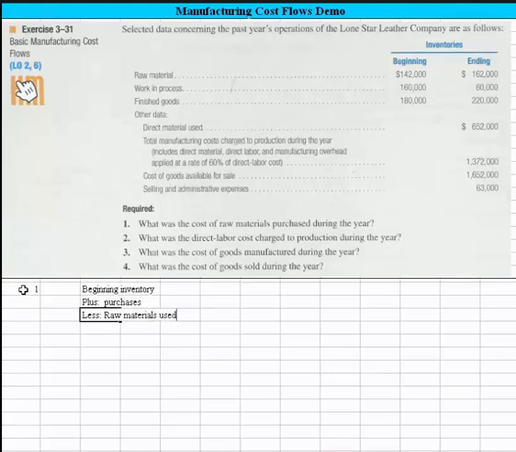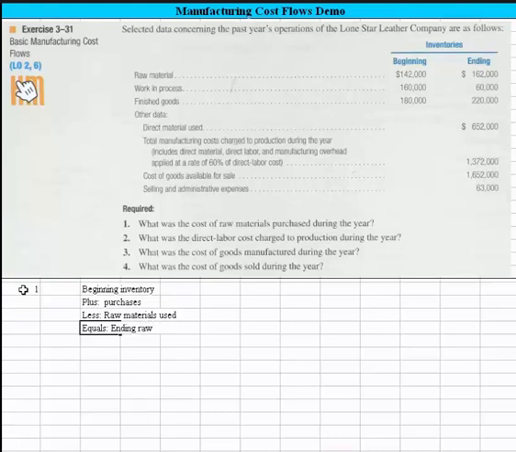And this is how we would calculate the cost of materials purchased during the year, would equal ending inventory. This is all of raw materials, so why don't we say that?